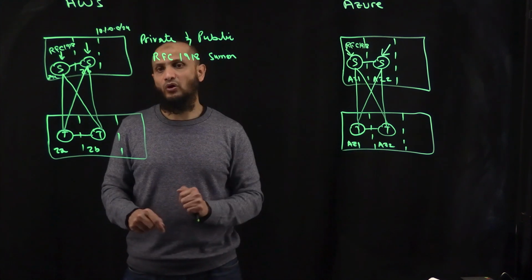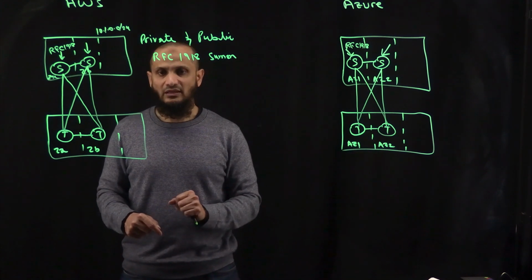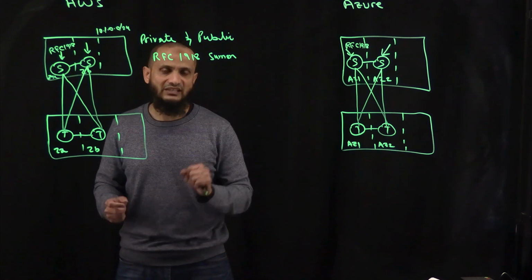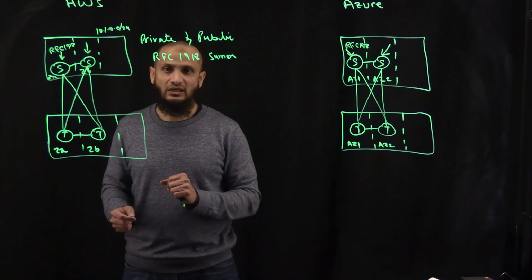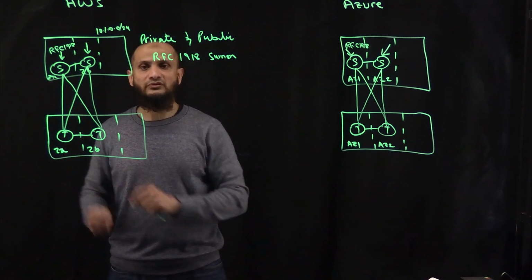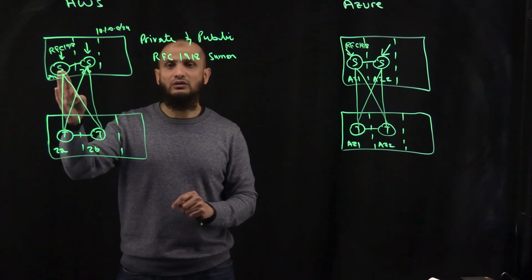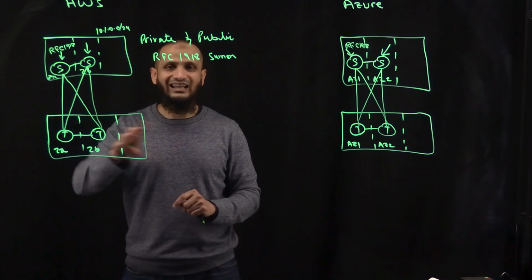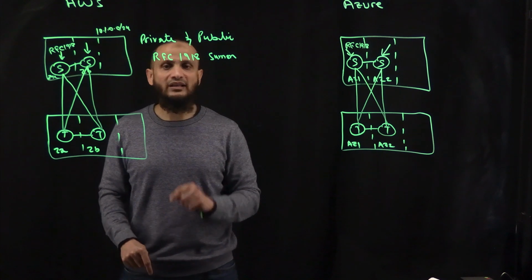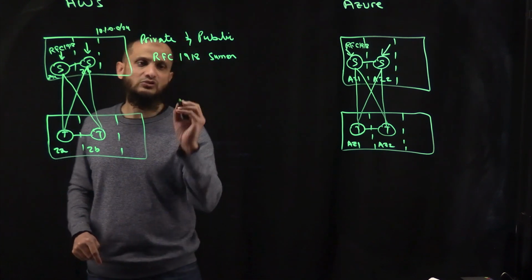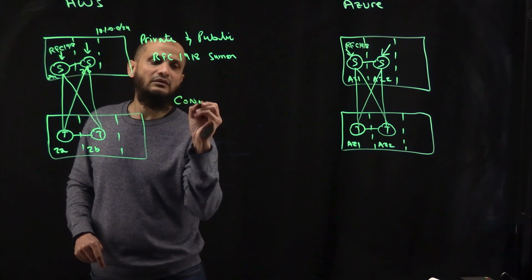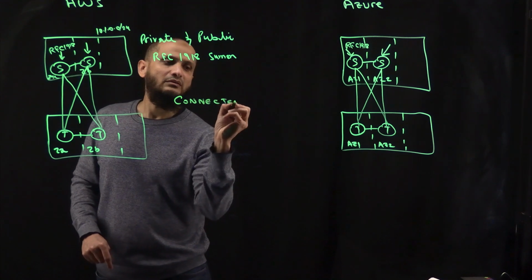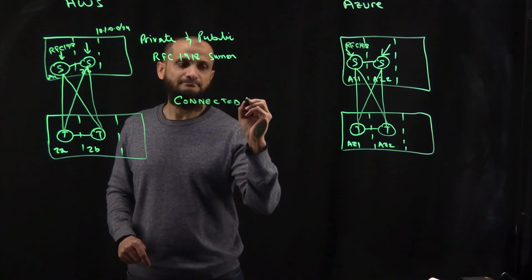And that feature is called a connected transit. This is by default segmentation that Aviatrix provides. Even if you connect your spokes to your transit, it won't let you talk between the spokes unless you intentionally go and enable that functionality, which is called a connected transit.